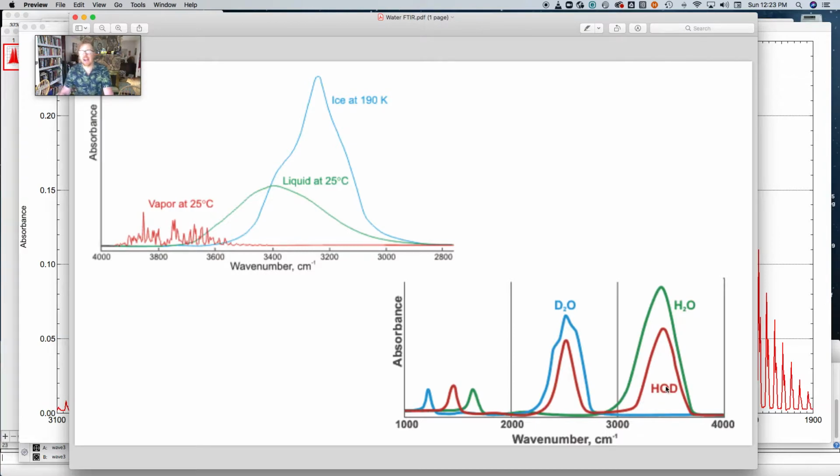But now if I look at HOD, the symmetric and asymmetric really become separated by putting a D in there. And then now if I look at D2O, you can see there's some little shoulders here. So these are the symmetric and asymmetric for D2O. And that's why you'd want to do that deconvolution, right, to tease out where those symmetric and asymmetrics are occurring.